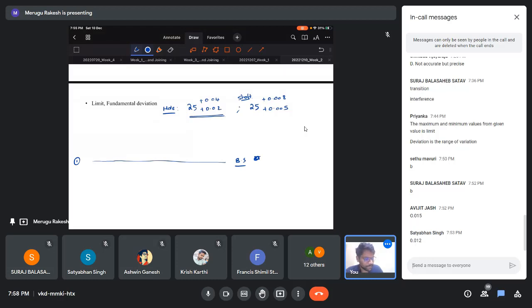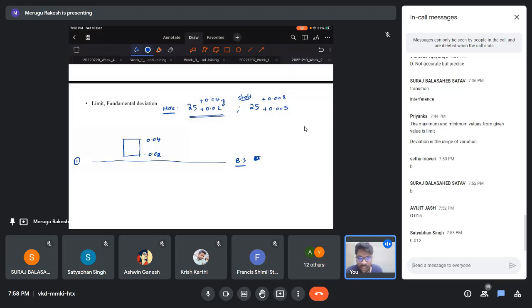So generally, the maximum it can go, the tolerance is 0.002. Now say this is the hole, 0.02.